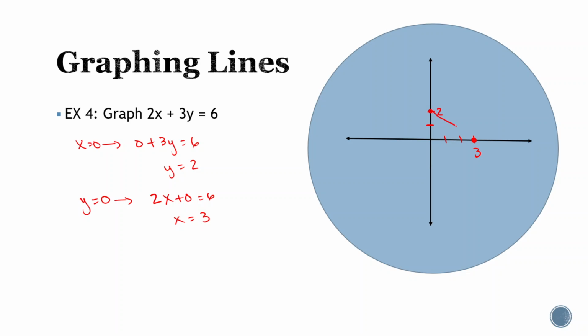And then I can connect the dots. Now I can see from my picture that my slope would be negative 2/3. Okay, again, A and B. So the slope is negative 2/3.